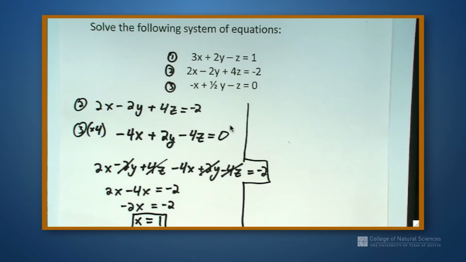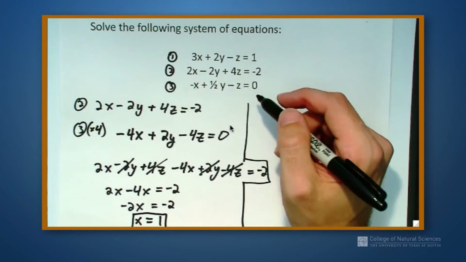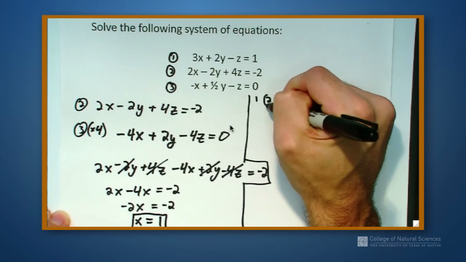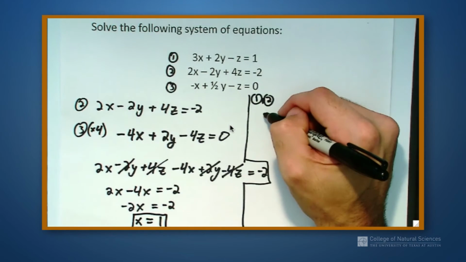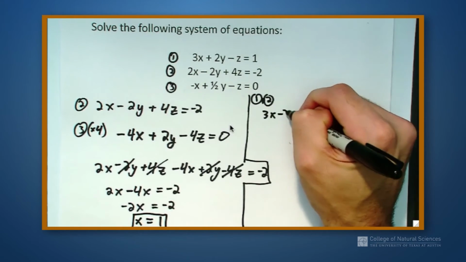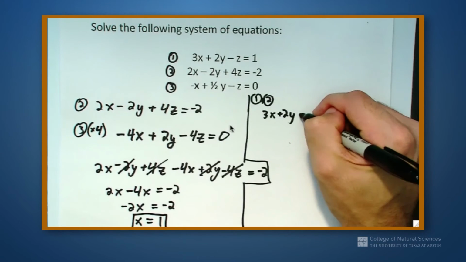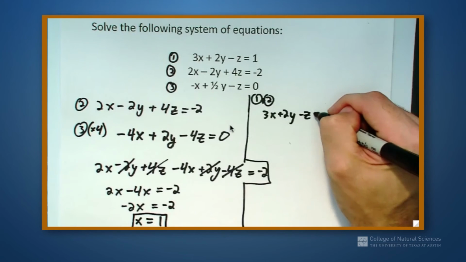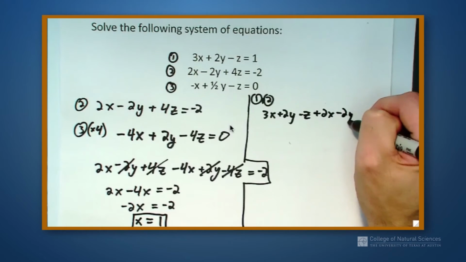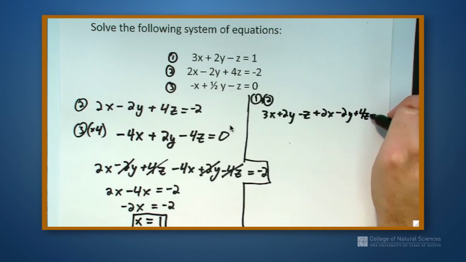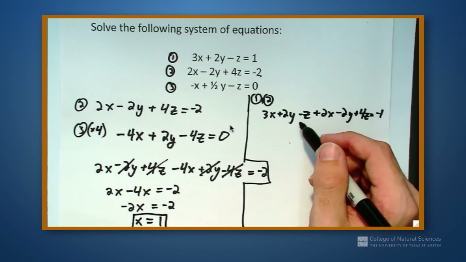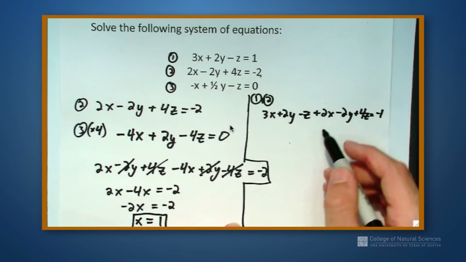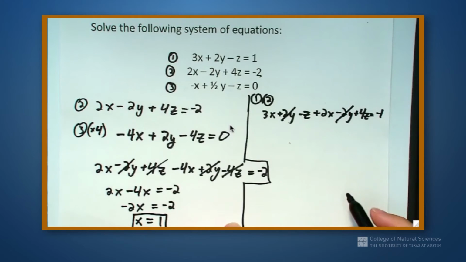So let's substitute in and see what else we can do. Let's solve equations 1 and 2 together. They're already in the right form, so I'm just going to combine them together. So I get 3x plus 2y minus z plus 2x minus 2y plus 4z is equal to minus 1 plus minus 2. And I go through, my 2y will cancel with my minus 2y.